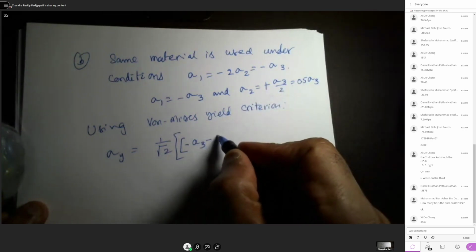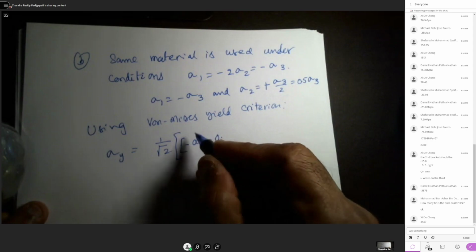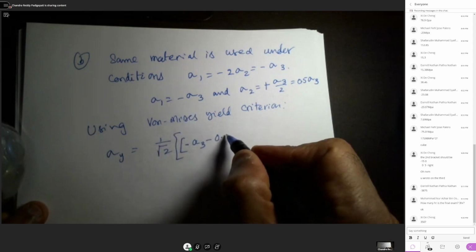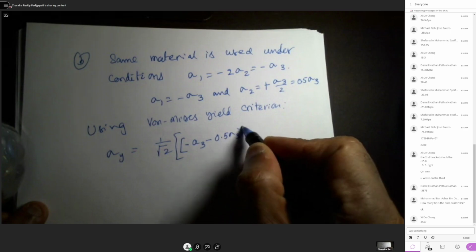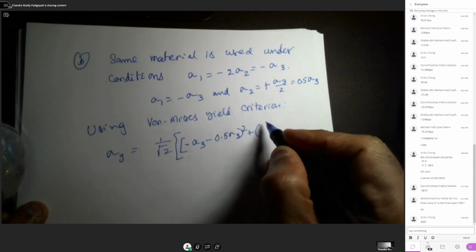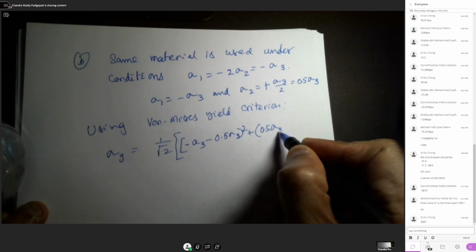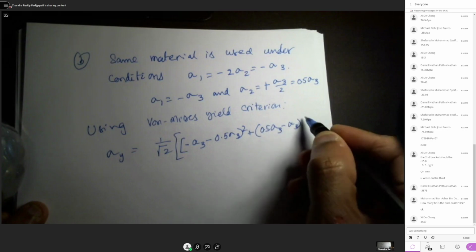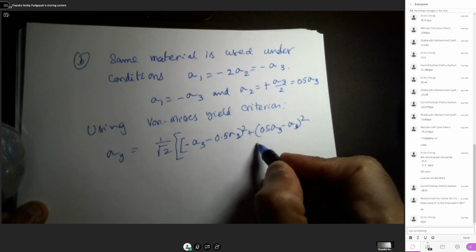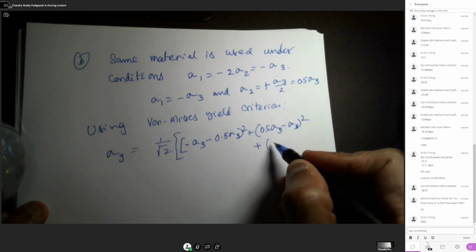Sigma 1 minus sigma 2 whole square, so 0.5 sigma 3 whole square, plus sigma 2 minus sigma 3 whole square, that is 0.5 sigma 3 minus sigma 3 whole square, plus sigma 3 minus sigma 1 whole square.